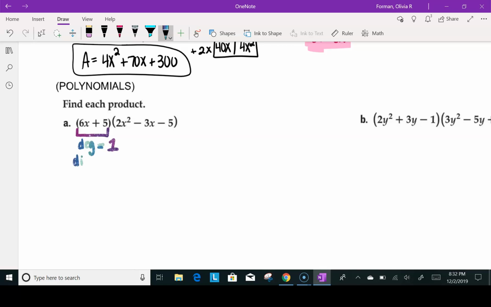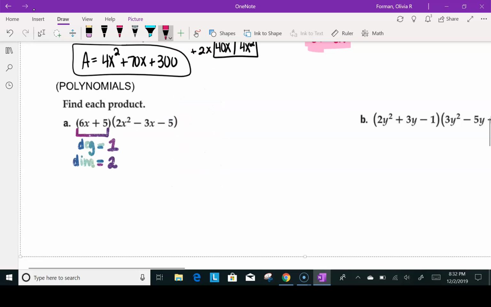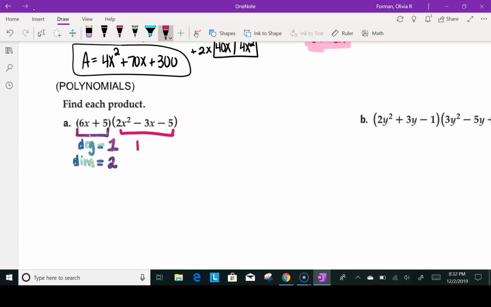So my dimension for that is going to be a 2. Over here, this one, my degree is 2. That means my dimension is 2 plus 1, which is 3. And so our box for this one is a 2 by 3 box.